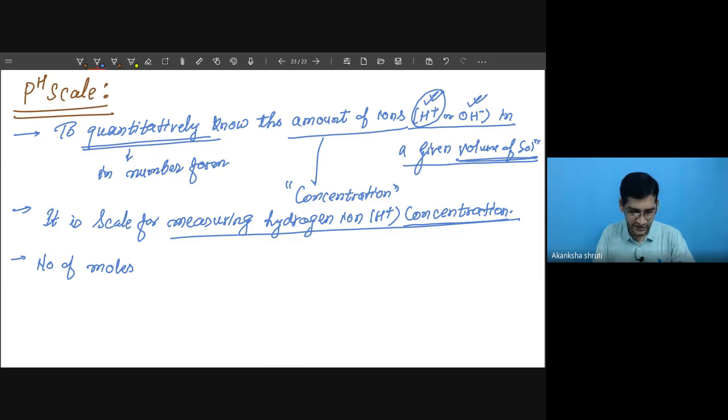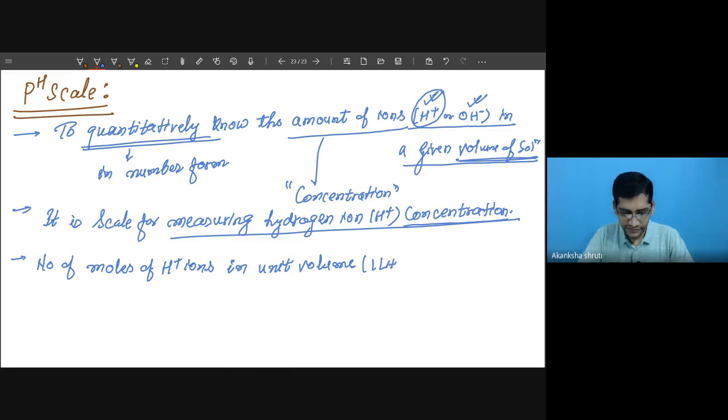So keep in mind the terms: number of moles of H plus ions per unit volume, in a unit volume, or it may be 1 liter of solution. This is basically called the molarity.